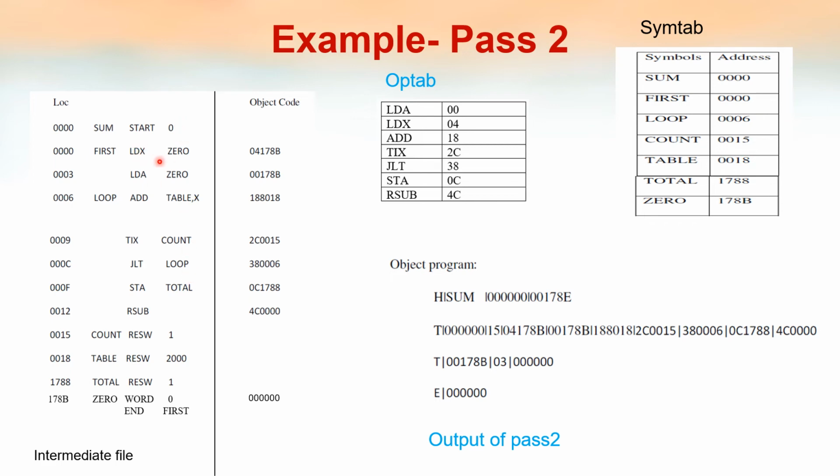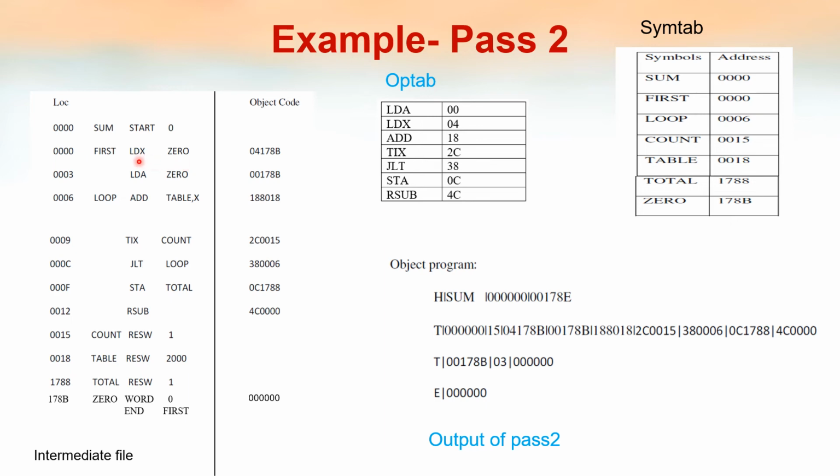So in pass 2, the actual conversion is done like this. That is, for the opcode the corresponding value is written, and then for the operand the corresponding value is written. So how will we write these values? Each line, again starting from the beginning, it will check only the opcode value and the operand value.